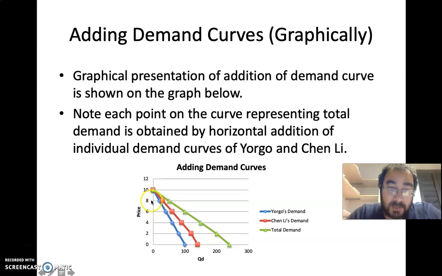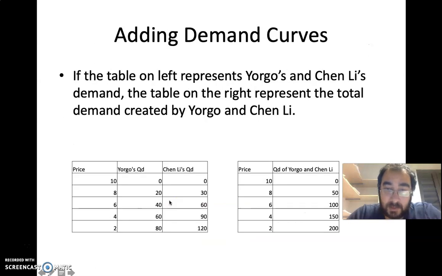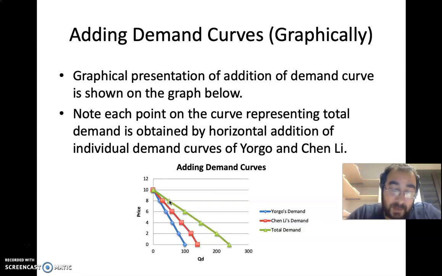That's because when we are adding, note that this number, which in this case is 50, is the addition of this number, which is 20, and 30.